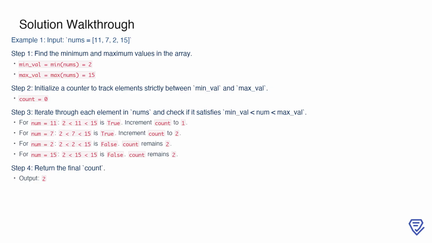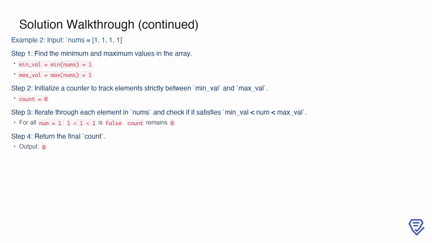Similarly, for 7, the condition is also true, so the counter increases to 2. However, for 2, the condition is false because it equals the minimum value, so the counter remains 2. Finally, for 15, the condition is false because it equals the maximum value, meaning the counter does not change. After completing the iteration, we return the final count, which is 2 in this example.